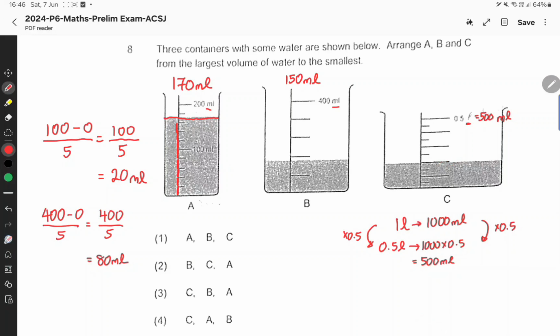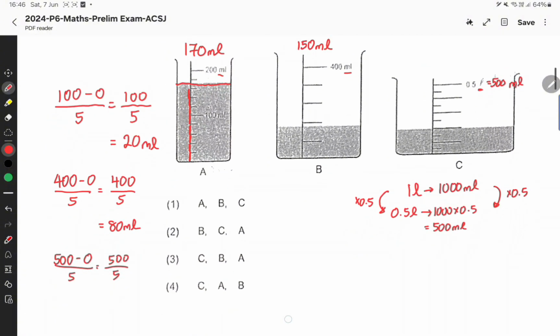So we will have 1, 2, 3, 4, 5. Same thing, now we have 5 spaces. So 500 minus 0 divided by 5. 500 divided by 5 is 100 milliliter.